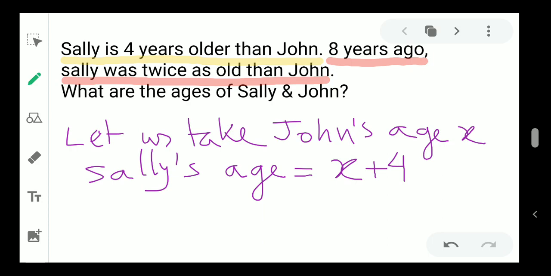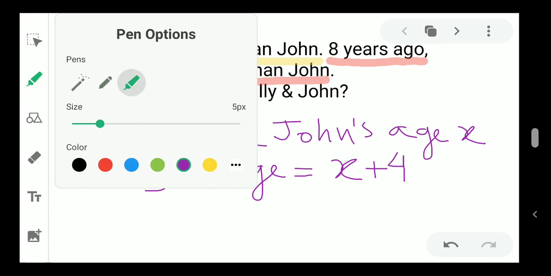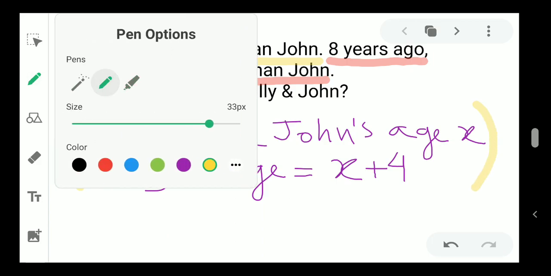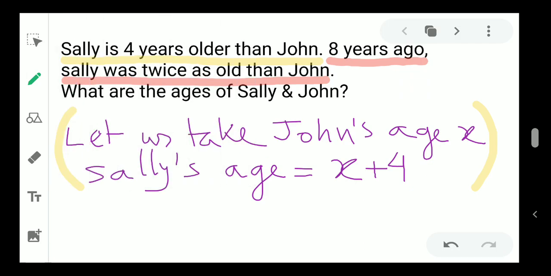So Sally's age will be X plus 4. So basically I have already used my first condition. Let me use the second condition right now. 8 years ago Sally was twice as old as John.